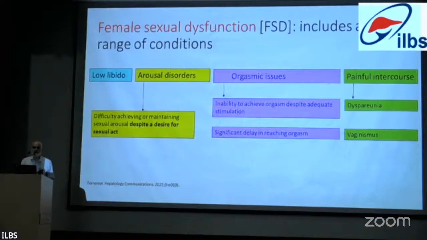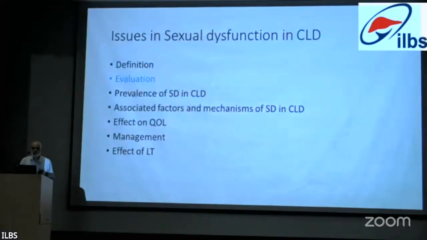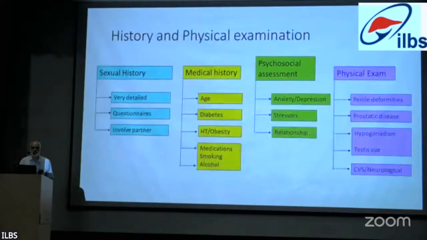Again, there is a range of conditions. We need to dissect which aspect of sexual dysfunction is affected in the particular patient. Low libido, arousal disorders, there could be orgasmic issues, there could be painful intercourse, dyspareunia of any sort. These are the problems. So, how do we evaluate the patients?